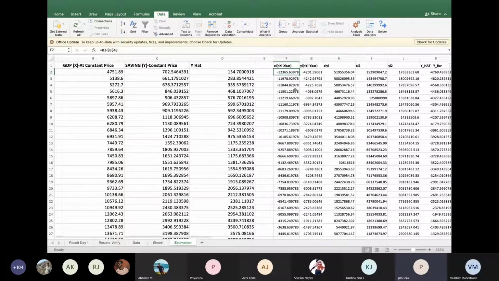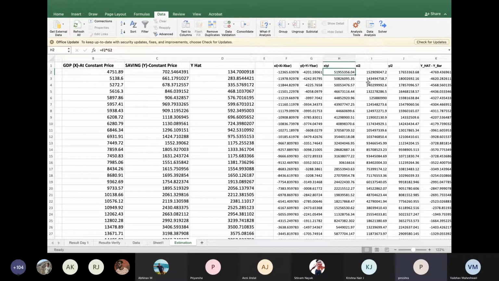Otherwise, as you drag it down, the reference cell will change and we will not get the correct deviation, right? So what we are doing, B2 minus average, and then we are fixing it by using the dollar sign. You see, this is the operator. Is it clear? Yes, sir. Same we are doing for what? Yi, small yi, right?